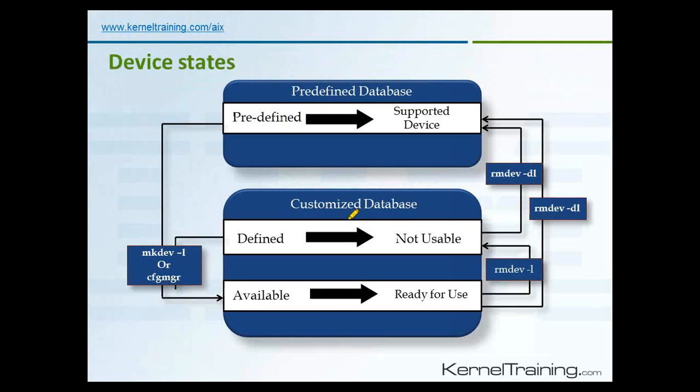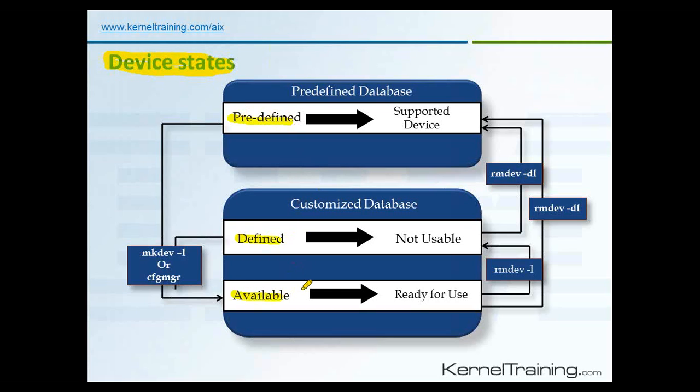One more important thing here is device states. This is also one of the important things, and again very much dependent upon your cfgmgr or configuration manager. So let's talk about it over here. When it comes to states, there are three types of states: predefined state, defined state, available state.